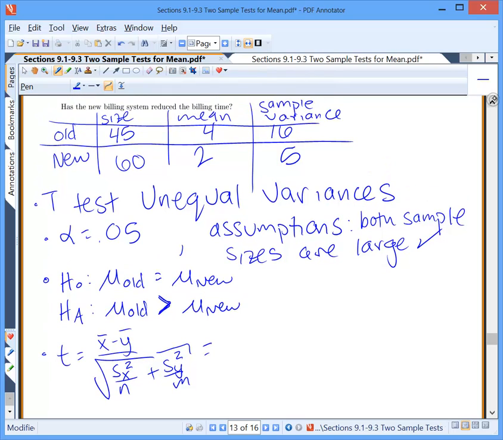So look at your chart. Because we did old first, we need to keep using old first. So we're going to do our sample means of 4 minus 2 over the square root. So first variance of 16 divided by its sample size of 45 plus the next variance of 5 divided by its sample size of 60. All of which gives me 3.019.